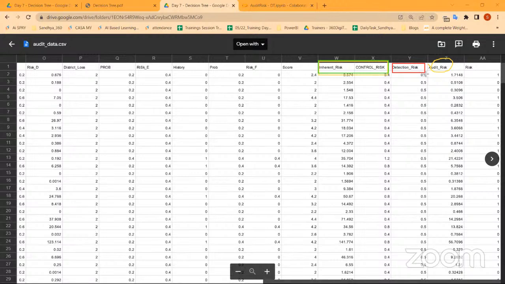To control the inherent risk, control risk, and detection risk, we keep reviewing the financial statements. It has to be as low as possible. In this way, we can come up with the inherent risk, friends.